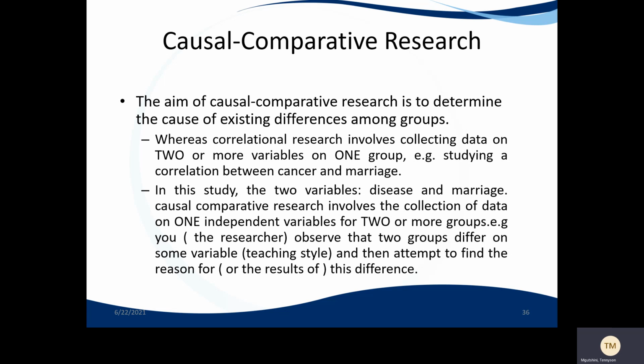Whereas correlational research involves collecting data on two or more variables that relate to one group, so in correlational research you have one group, then you look at two or more factors and you study the relationships between them in relation to that one group.